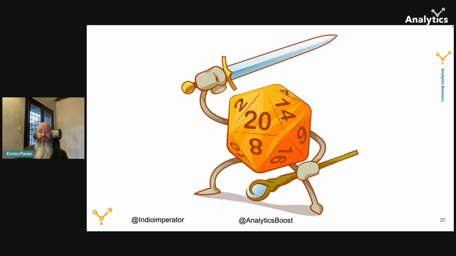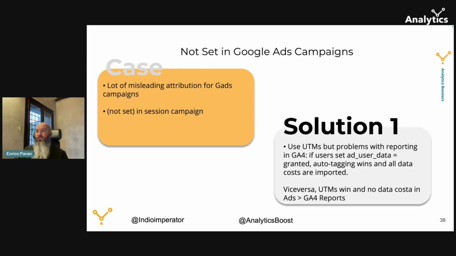But if we want to fix this type of information, we just use the UTM parameters as suggested from Google and other solutions that we can find on LinkedIn or other blogs. But remember that if the users, for example, grant the ad user data, auto tagging wins and all data costs from Google Ads are imported inside the property.